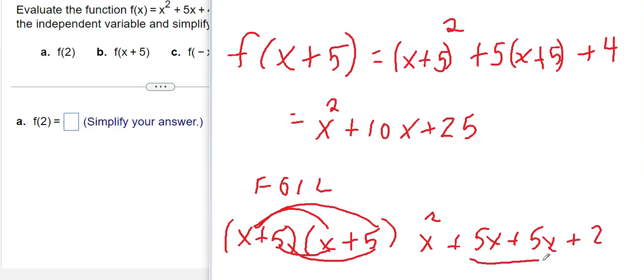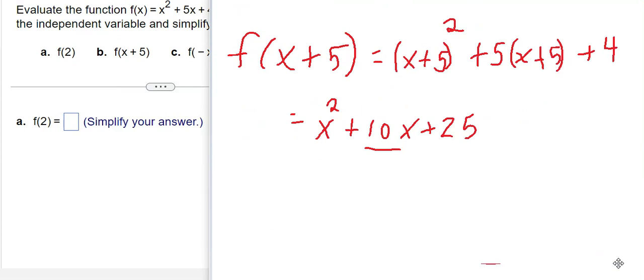And look, these two 5x's make that 10x. So don't forget, a common mistake is to put x squared plus 25 and lose completely that middle term of 10x. Now I have to distribute here 5 times x plus 5 times 5, so that's 5x plus 25, and having those parentheses reminds me I have to do the distributive property.